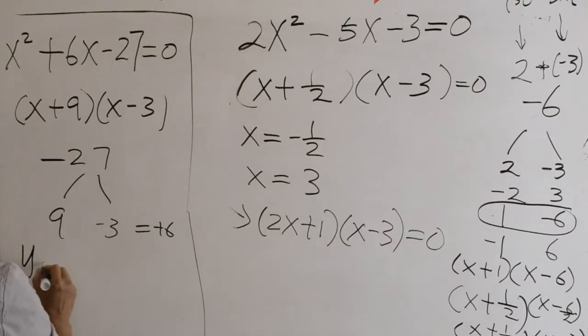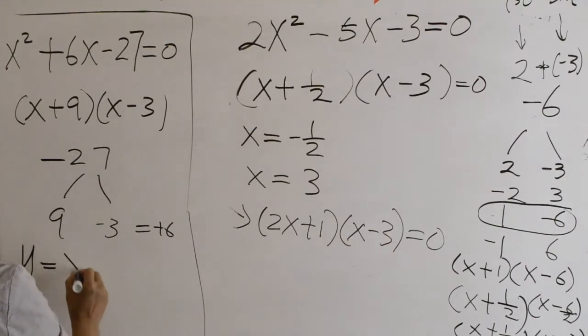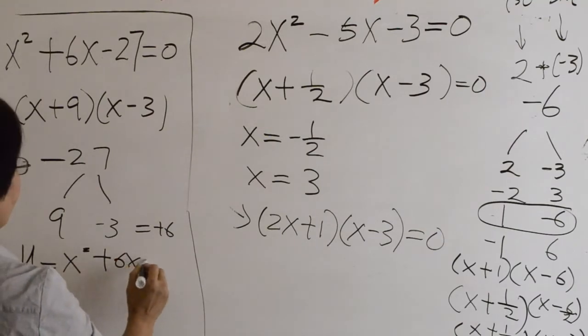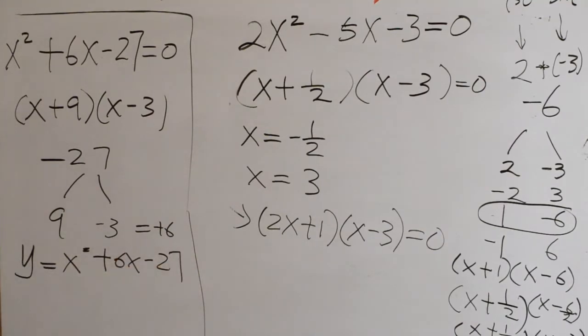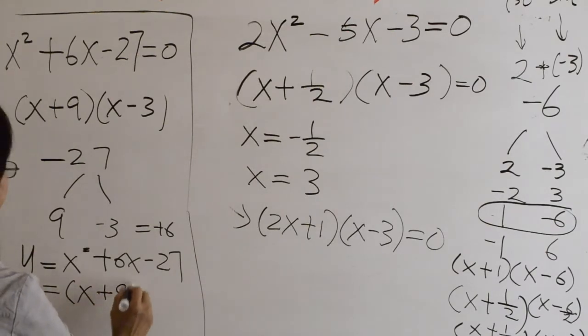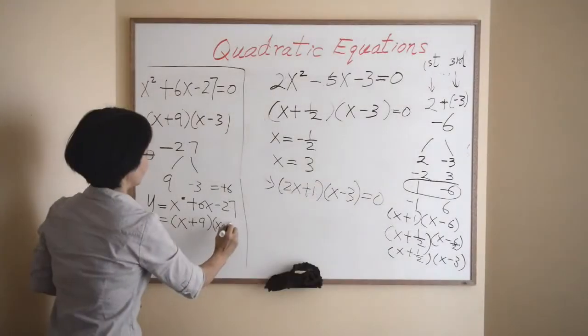Say you have a function, y equal to x squared plus 6x minus 27, right? And you know the factors are x plus 9 and x minus 3.